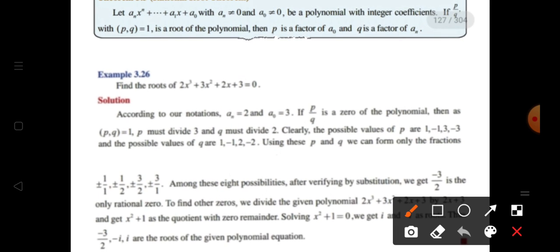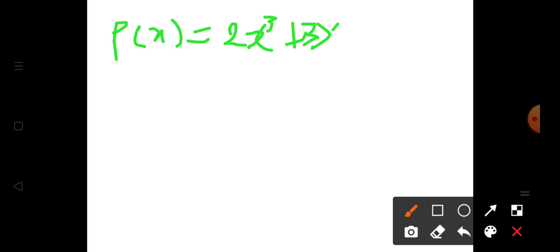Here p of x is 2x cube plus 3x square plus 2x plus 3. Now we substitute one by one, single value.